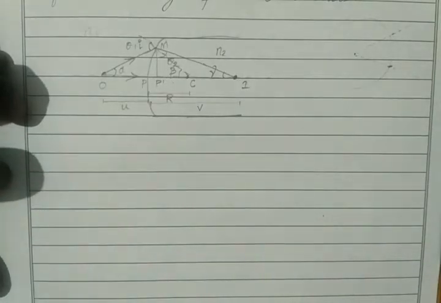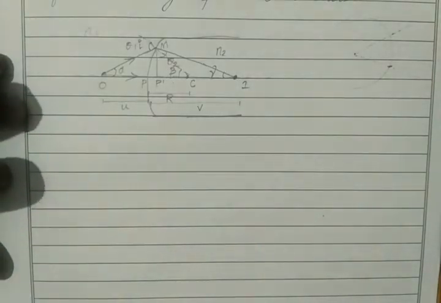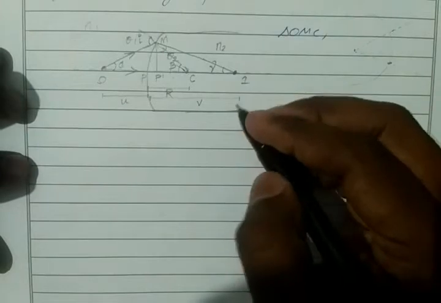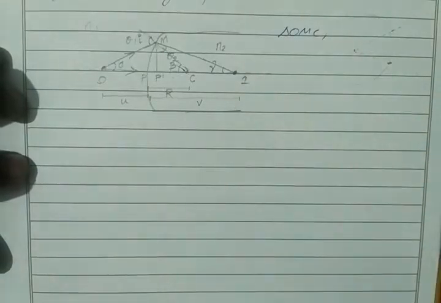Okay, so consider the triangle OMC. For this triangle OMC, the exterior angle is equal to the sum of the opposite interior angles. What is our exterior angle? Here the exterior angle is theta 2.